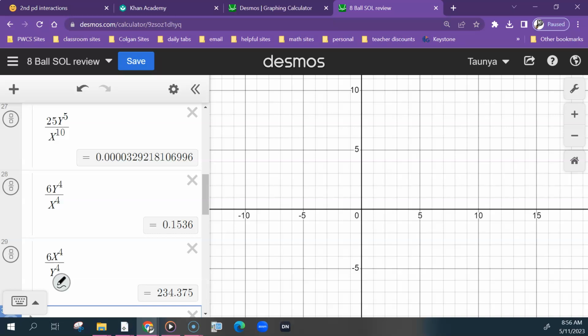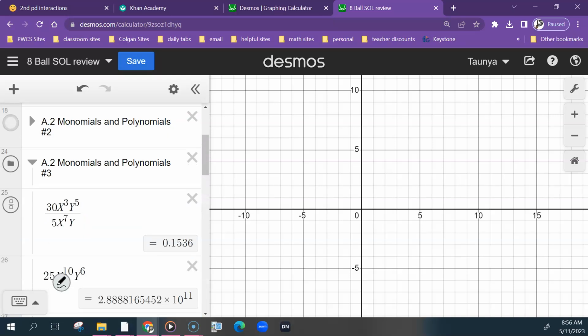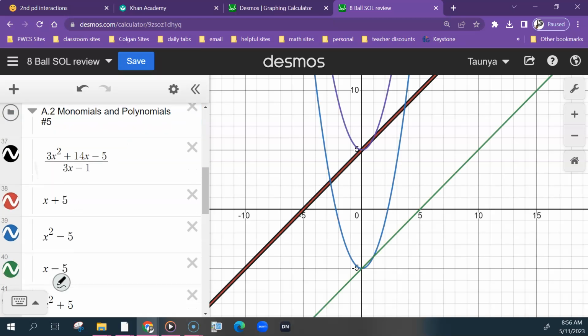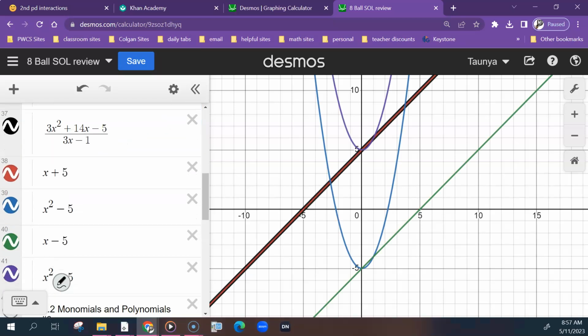Five answers. Let's do 5 first. It was A. So quotient of, you can check that in Desmos, whichever one overlaps it would be your answer.